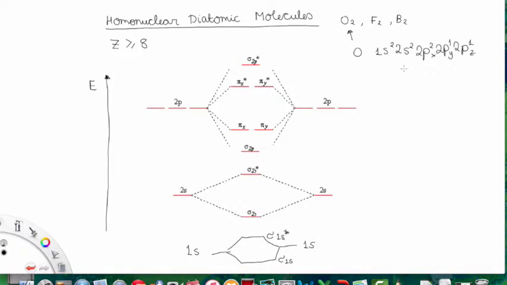So I can also draw that on here where this is px, py, pz. Because remember, when we look at p orbitals, there's one in the x-plane, one in the z-plane, and one in the y-plane.